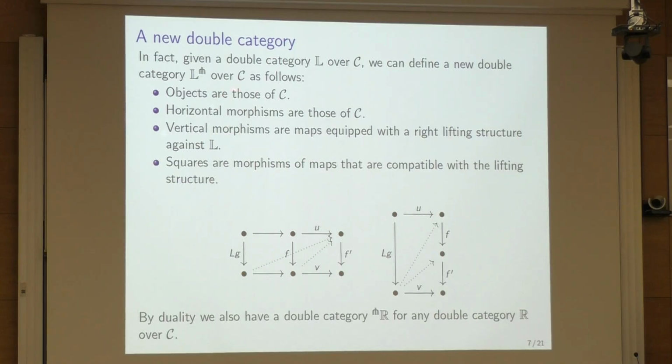So the objects of this double category L perp are those of C, the horizontal morphisms are those of C, the vertical morphisms are maps from the category C equipped to the right lifting structure against L, and then the squares in this double category are going to be maps of lifting structures. So I think of this square over here as like a morphism of lifting structures from F to F primed.